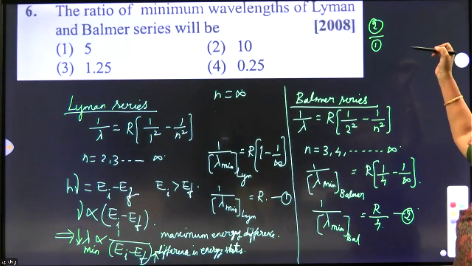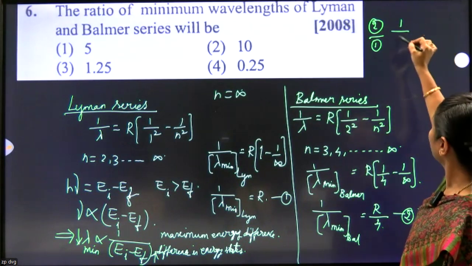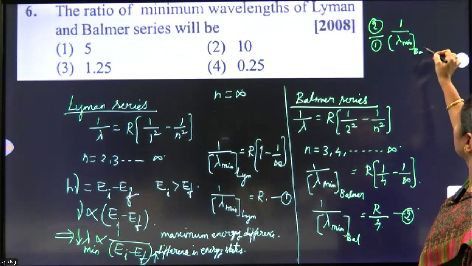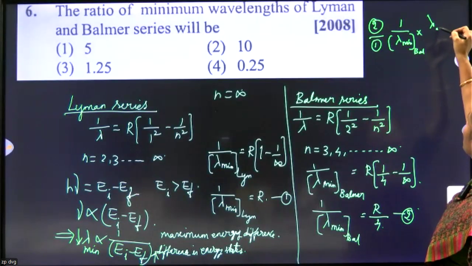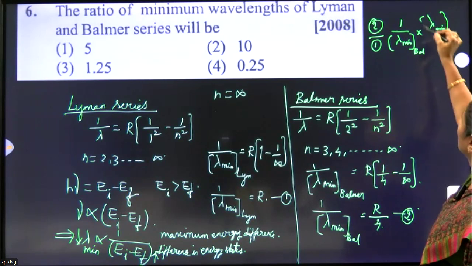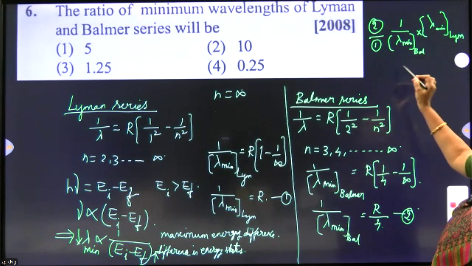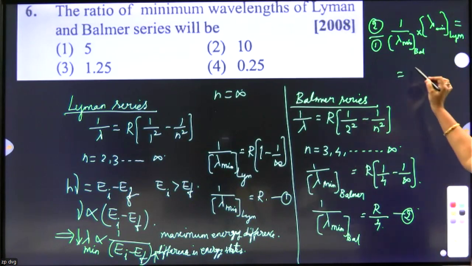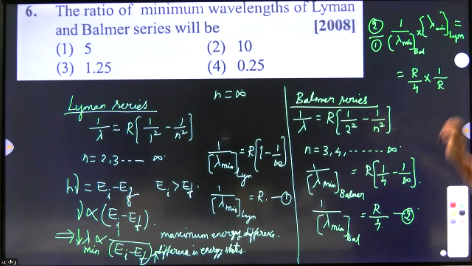We get 1/λ minimum of Balmer into λ minimum of Lyman, which is equal to R/4 into 1/R.